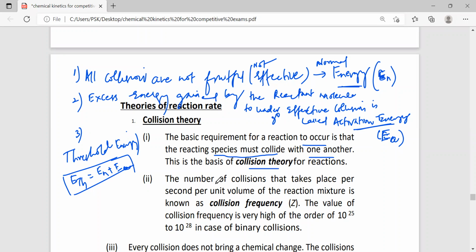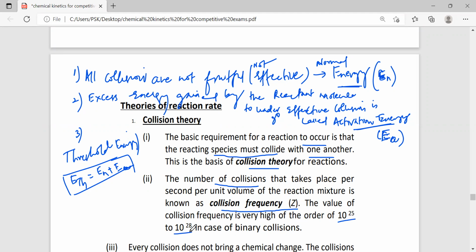The number of collisions in 1 second in 1 liter volume is called collision frequency. The value of collision frequency is very high, 10 to the power 25 to 10 to the power 28.